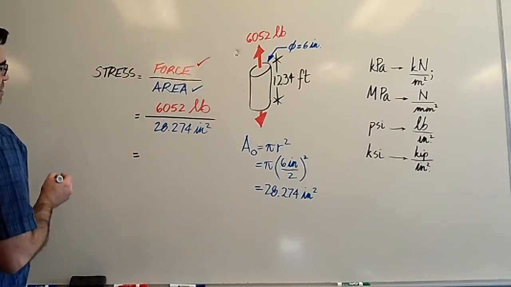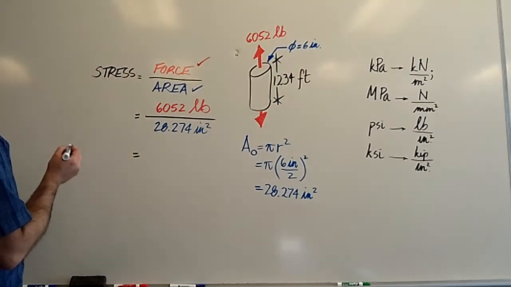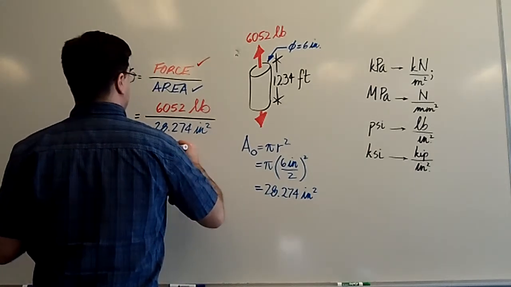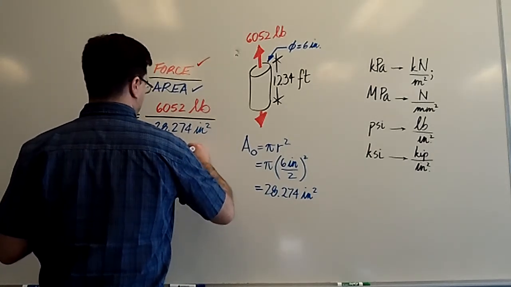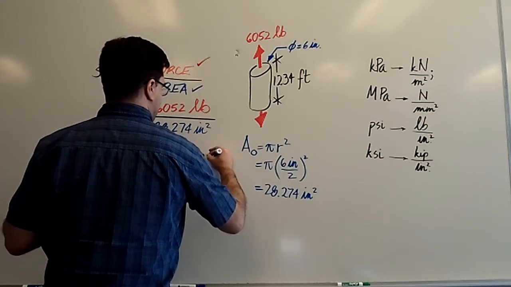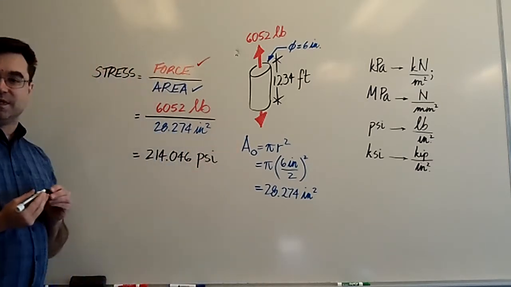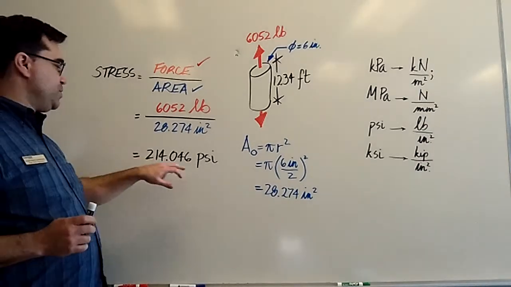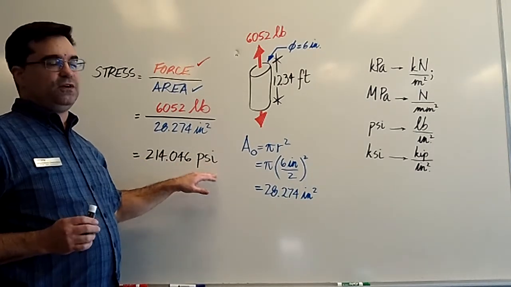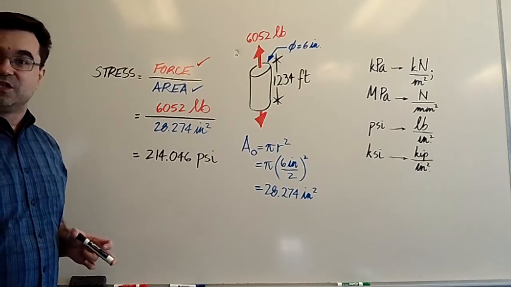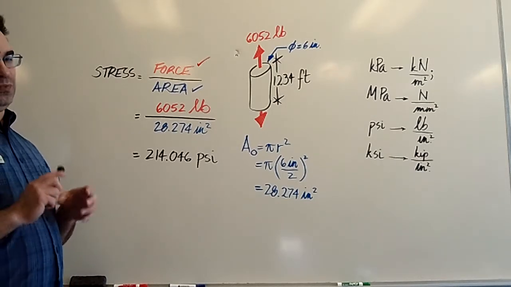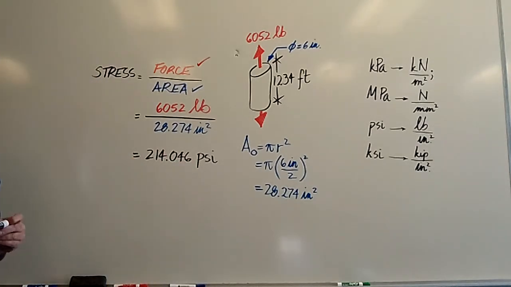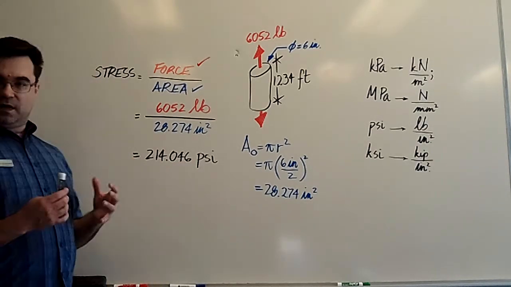When we do 6,052 divided by 28.274, I get 214.046 PSI. This is important because units matter. In structural engineering, engineering in general, numbers are allowed to be without units only if they don't have units, like strain. And even then, we usually convert it to percentage. 214.046 PSI.